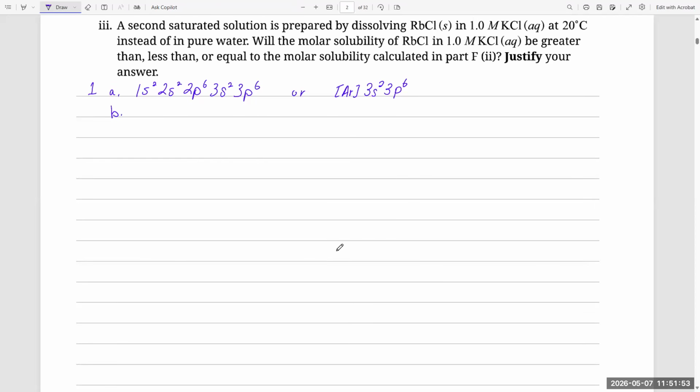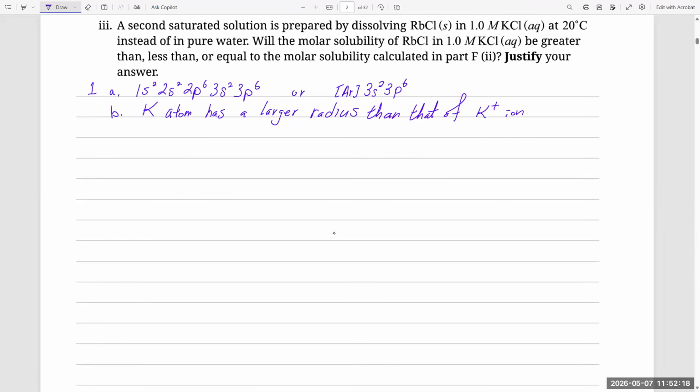They ask which is larger, so you write that the potassium atom has a larger radius than that of the potassium plus ion.